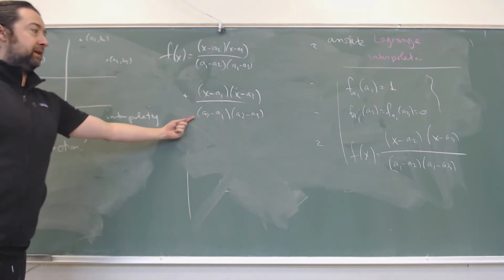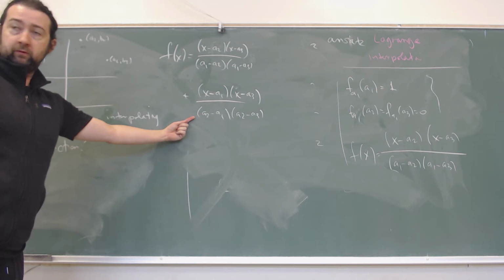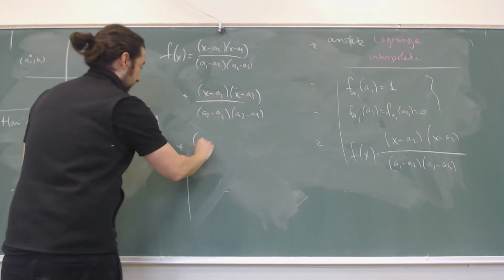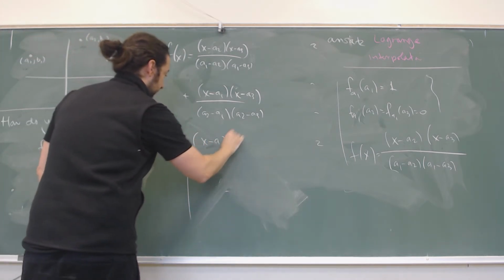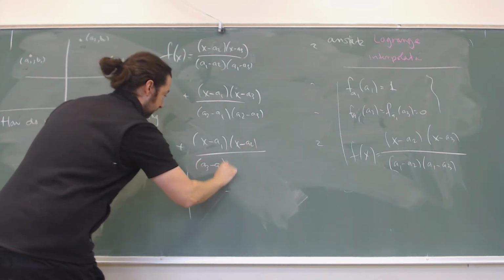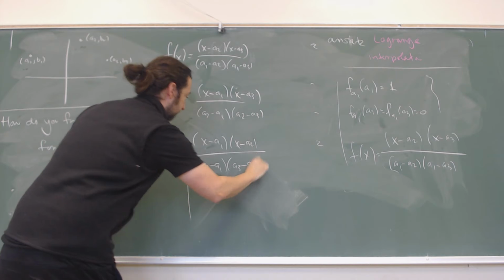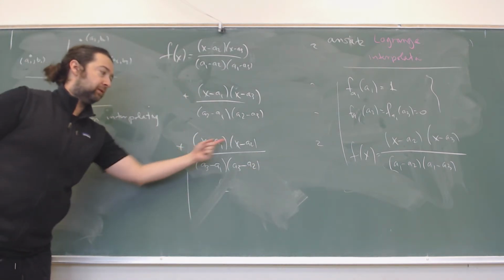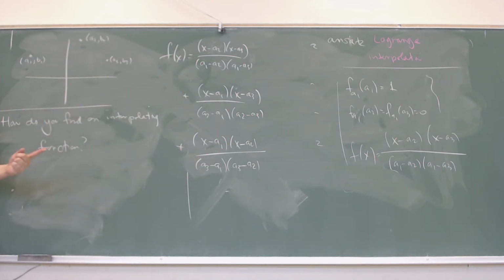That's the one that sends a2 to 1. Plus (x minus a1)(x minus a2) over (a3 minus a1)(a3 minus a2). This one will send a1 and a2 to 0 and a3 to 1.